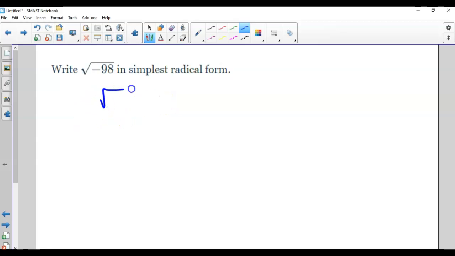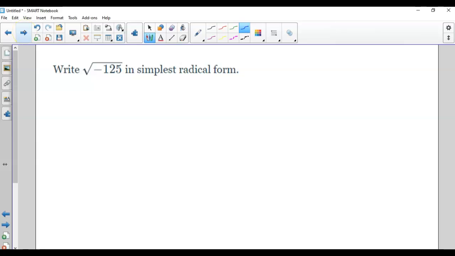So when we break this down, we'll have -1 times 16 times 3. The square root of negative 1 is i. The square root of 16 is 4. The 3 we cannot take the square root of, so it has to stay underneath the square root. So this would be our simplest radical form for this particular expression here.